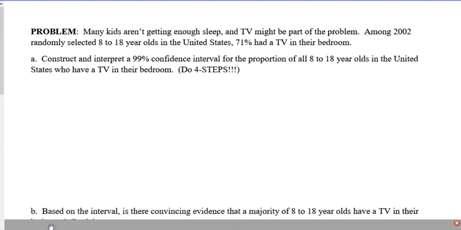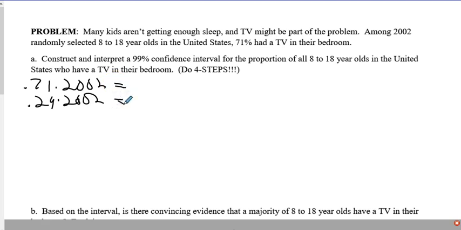Okay, so we're breaking this down into the same steps. So first off, how many kids, 8 to 18, have a TV in their bedroom? Okay, it says 71%. So that's our p hat. 0.71 and 0.29 is our 1 minus p hat. We're going to multiply both of those by 2002. 2002 is not the year, it's the number of people randomly selected.